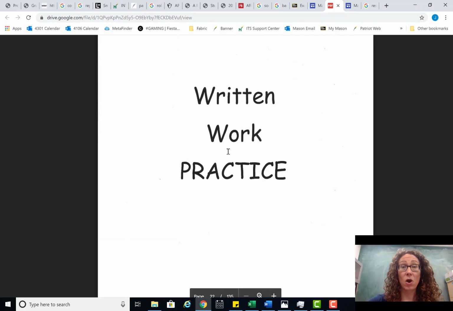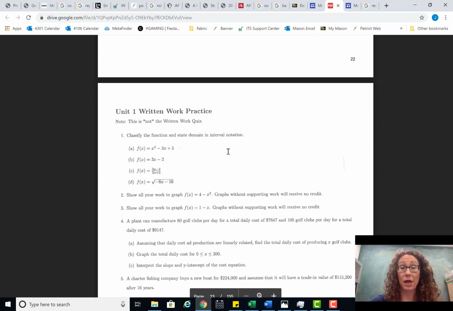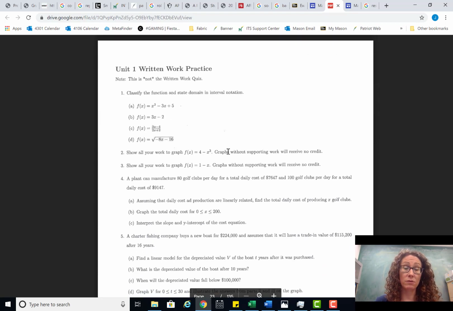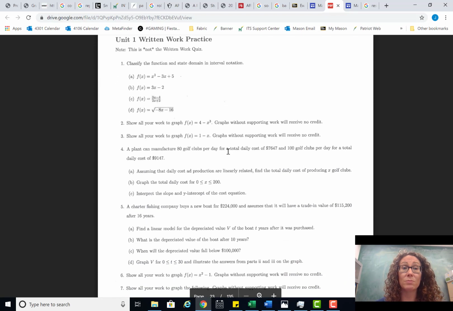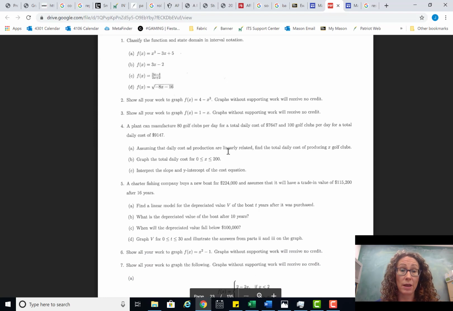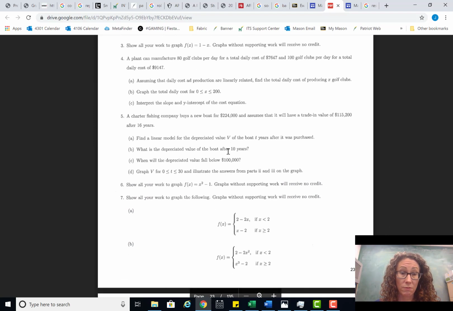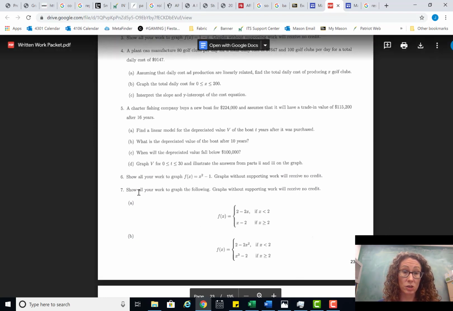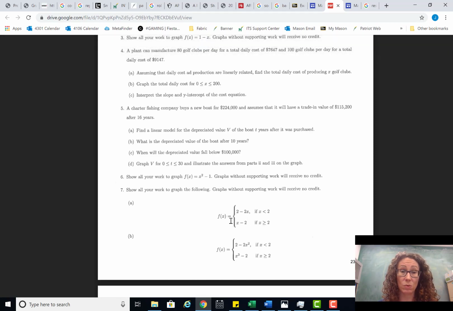And then at the back are practice problems that are like the ones on the quizzes. So here are a bunch of practice problems like the Unit 1 work, right? For example, here's one that is almost exactly like the one that I asked you to do.